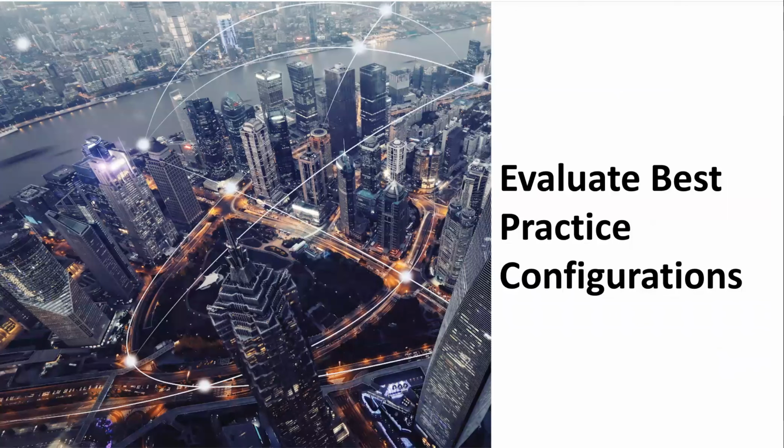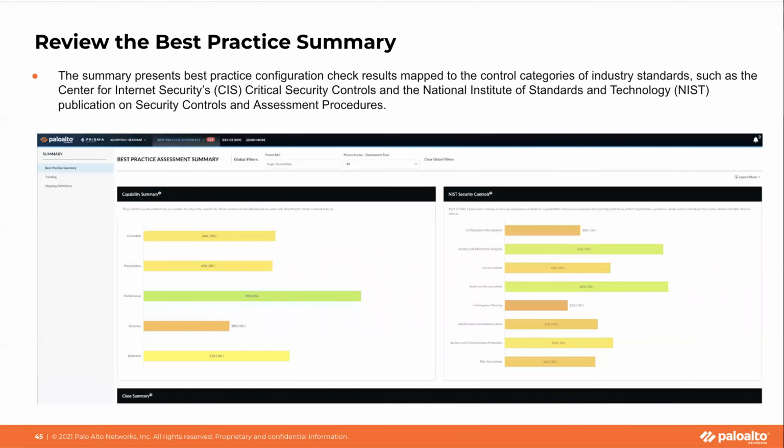Evaluate best practice configuration. When you change the view from the heat map to the BPA report, this report shows you the best practice summary. This summary represents the best practice configuration check results mapped to the control categories of industry standards such as CIS and NIST.